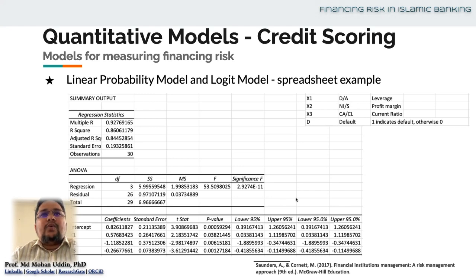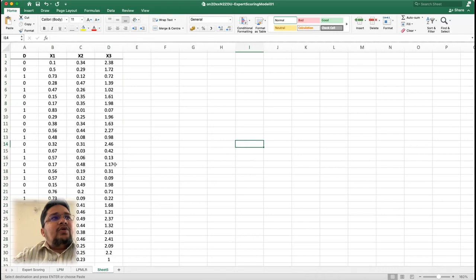I want to show you the whole thing in an Excel file so that you can understand it. On this Excel sheet, we have the default experience of 30 customers in the past.